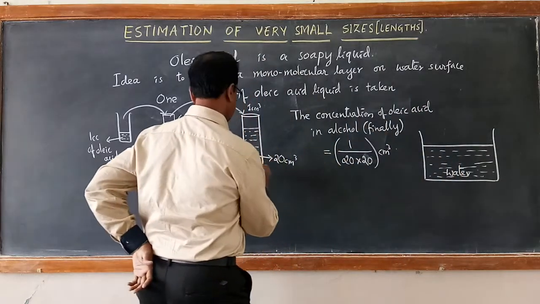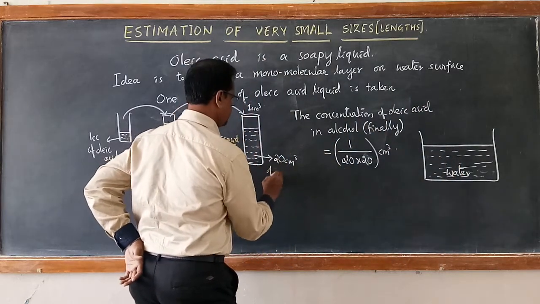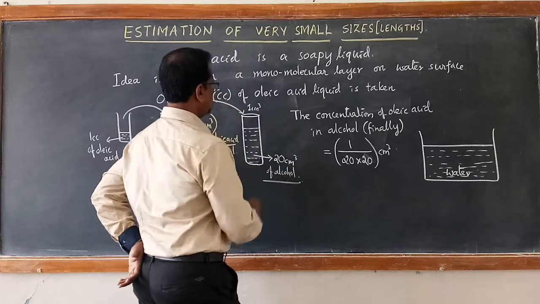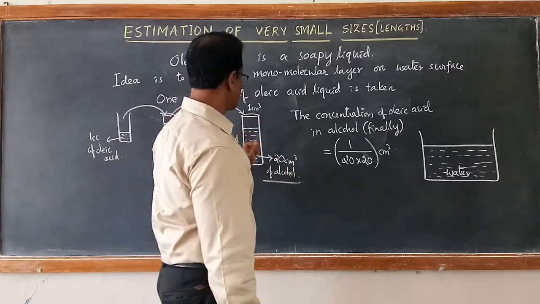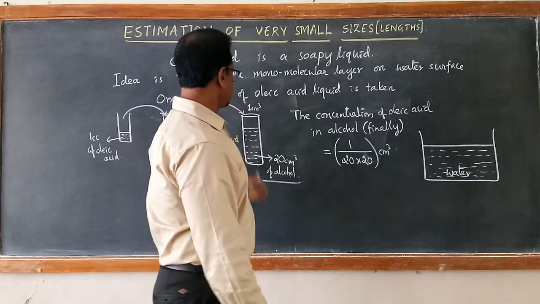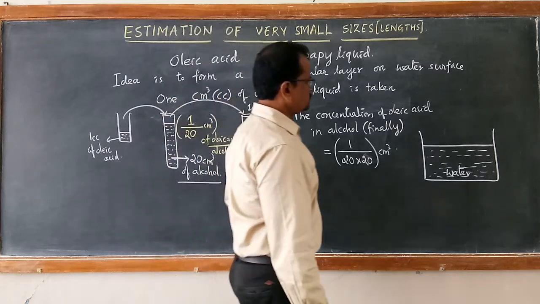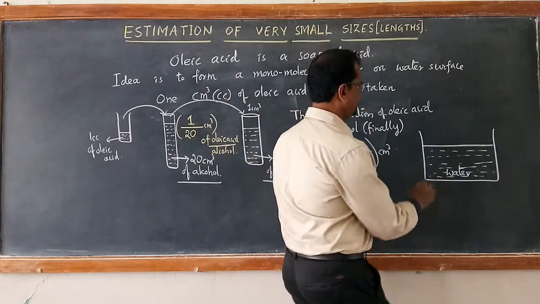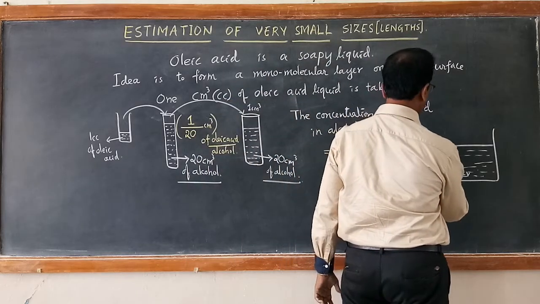And here it is 20 cc of alcohol. And this freshly prepared solution, you take it. Before you add it to the water, you need to sprinkle some lycopodium powder.